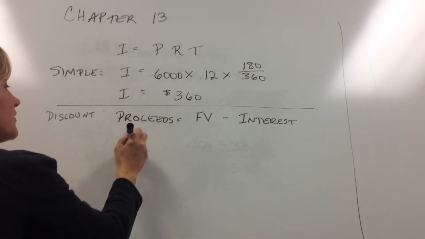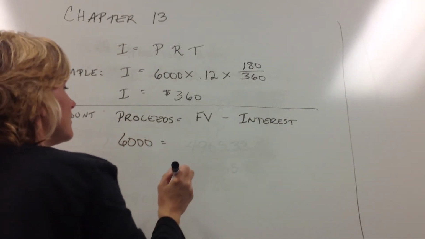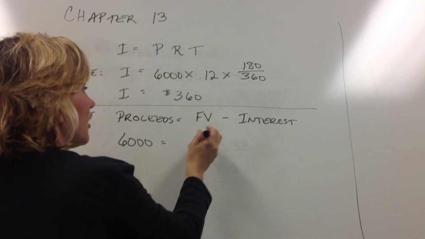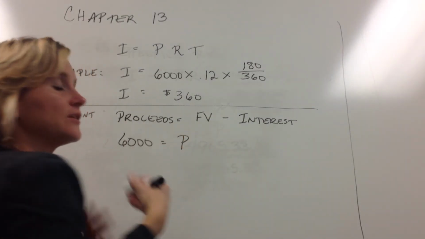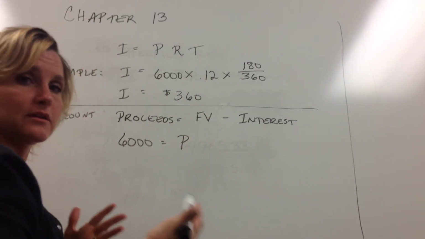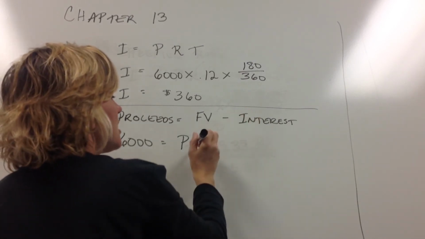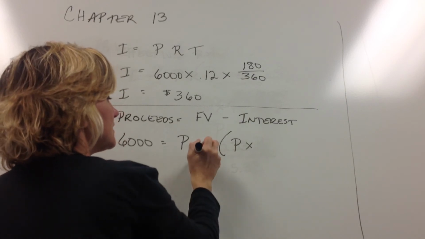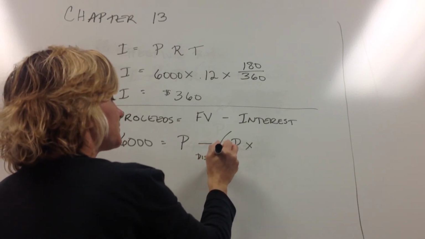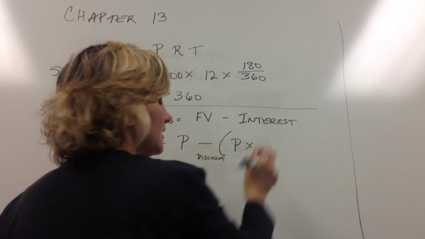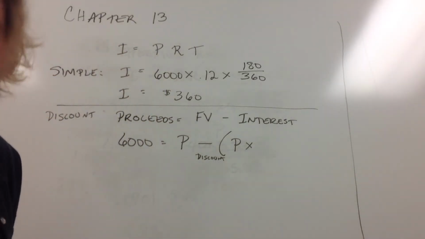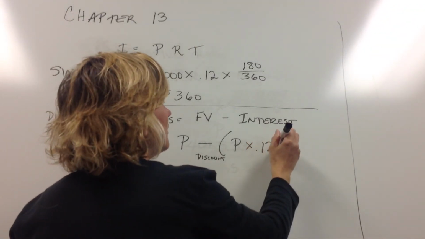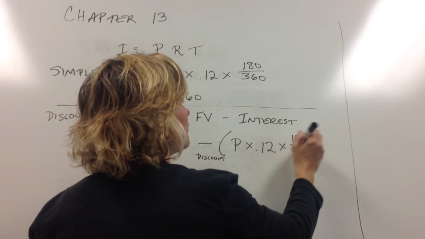And we need to have $6,000 in proceeds. How much would he need to borrow? And I'm going to switch this to that P just to keep it used to the formula that we're doing. But since now it's a discount, we subtract it. We're not adding it. Now we know the discount rate is 12%, and we know the time is 180 over 360.